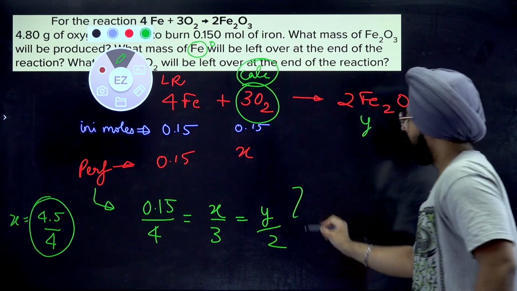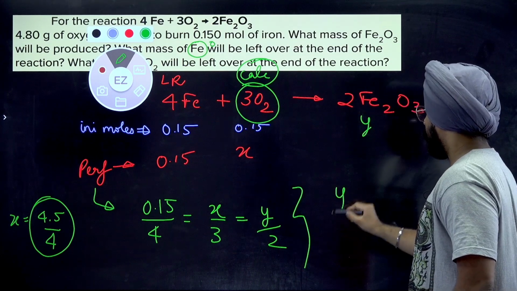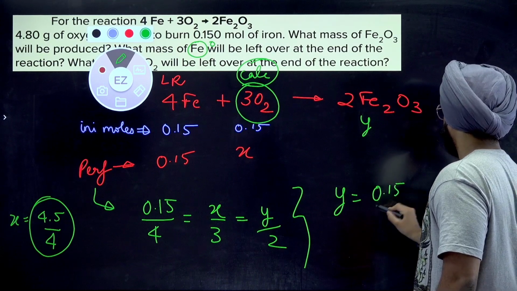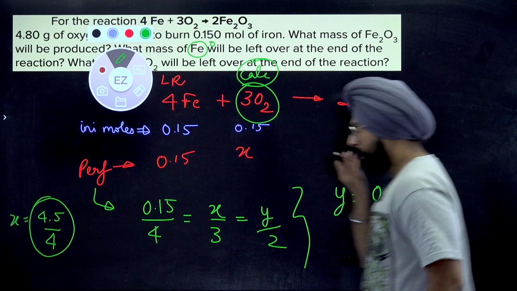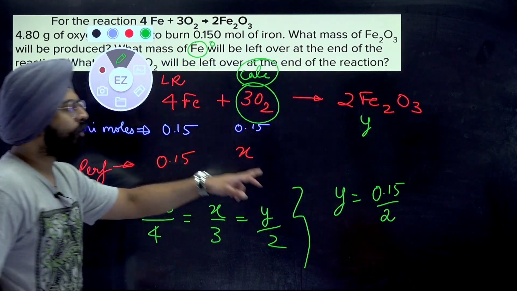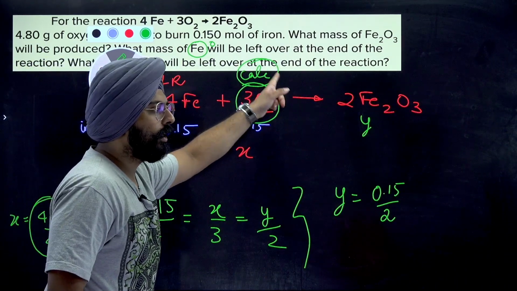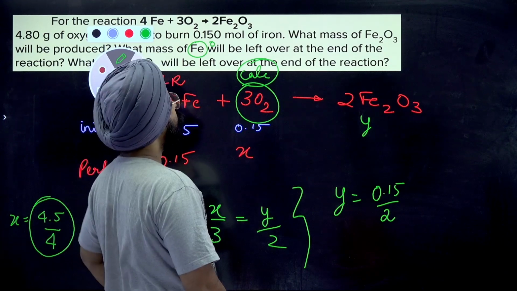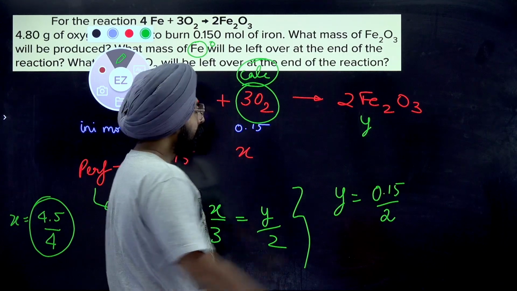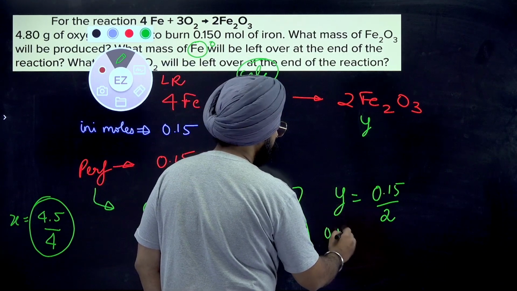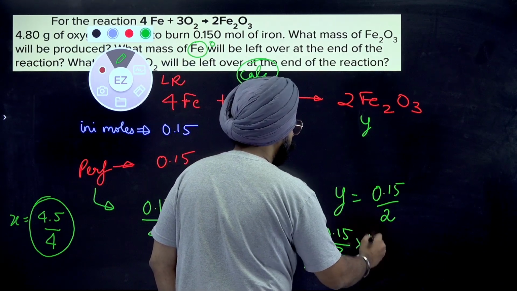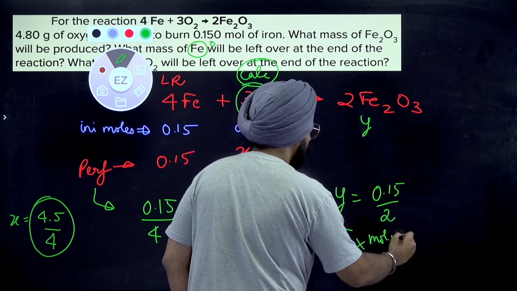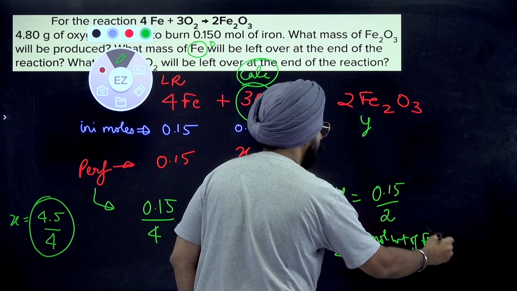So from here, can I say that Y is equal to 0.15 by 2. This is the number of moles of Fe2O3 that are produced. So how do I calculate the weight of Fe2O3 produced? Given moles into the molar weight of Fe2O3.